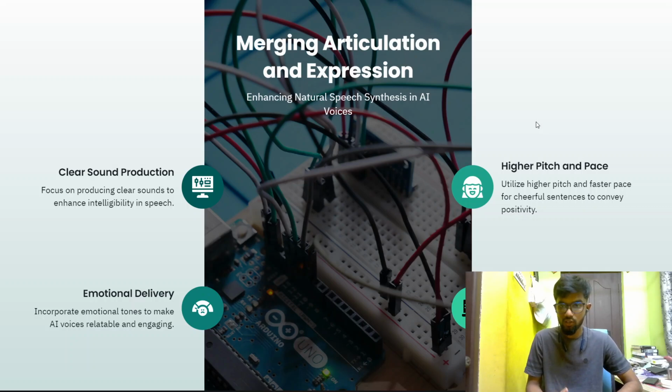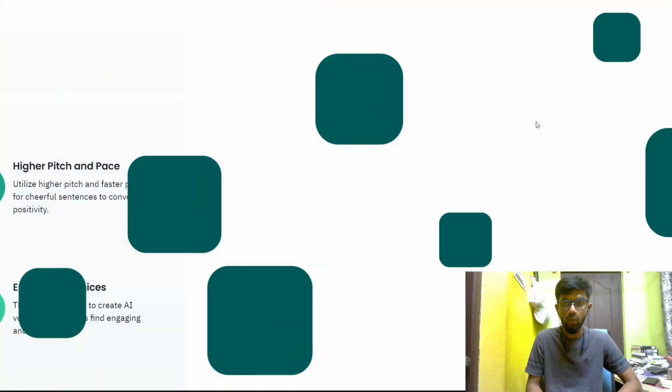For example, a British accent will be very fast, an American accent medium, and an Indian accent slow. There is a variety of accents. Then emotional delivery, incorporating emotional tones so the AI can be cheerful or sad. And engaging AI voices, for example when a question mark is there, it can handle those things. Those things are also trained into AI voice models.